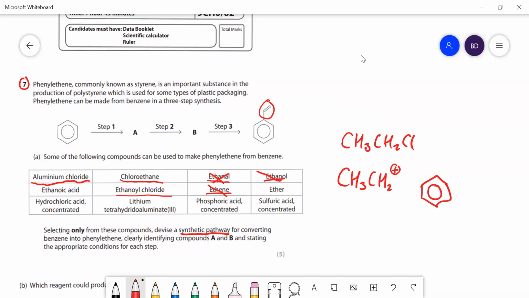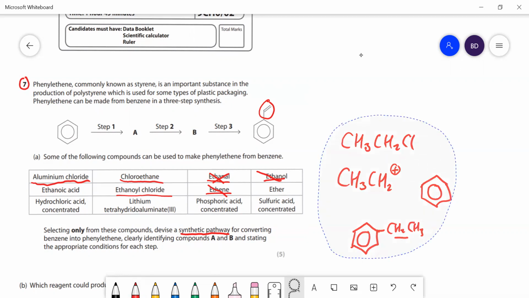This is positively charged, so it likes the high electron density on the benzene ring, and that would end up giving you ethyl benzene, and then you'd have to somehow create a double bond between these 2 carbons, but I don't think we can do that. There's no way we know of turning an alkane into an alkene, so that is a dead end.